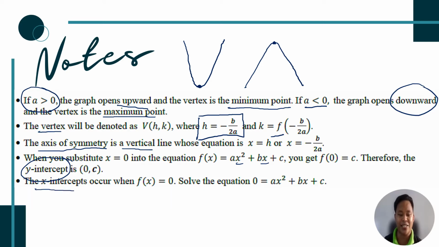For the x-intercepts, it occurs when f of x is equal to 0, and we're going to solve for the values of x using different methods such as factoring, completing the square, square root property, and using the quadratic formula. So, let us recall those methods to find the x-intercepts of the given quadratic function.